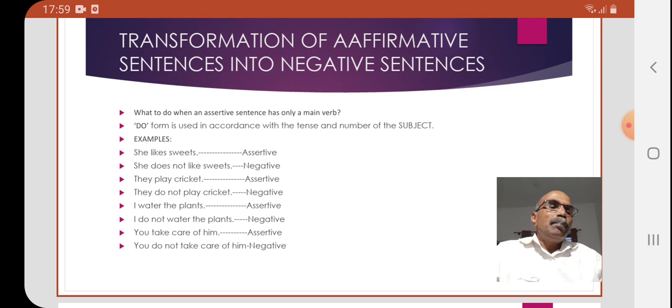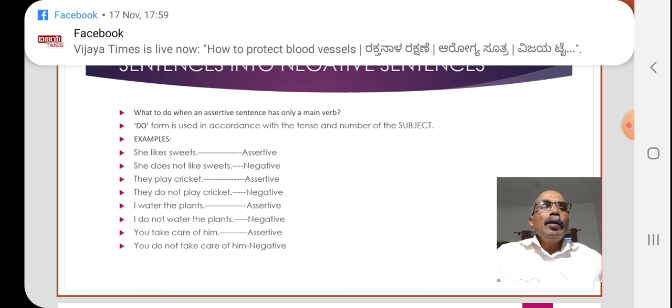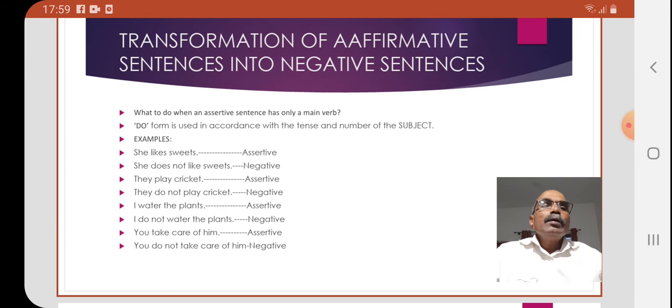I water the plants. This is an assertive sentence. The subject of the sentence is first person singular. Therefore, the verb in present tense is in its original form, water. When we change it into negative form, it will be like I do not water the plants.